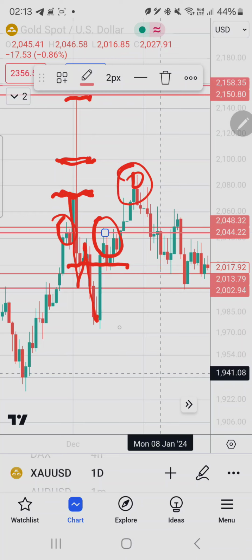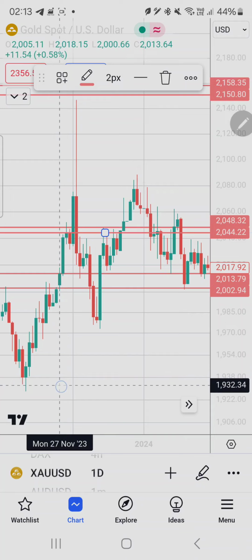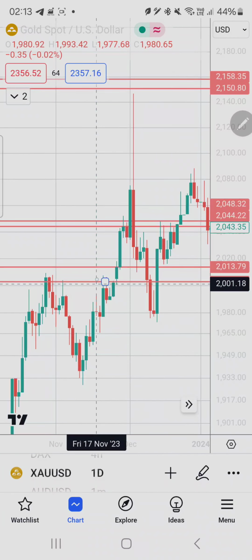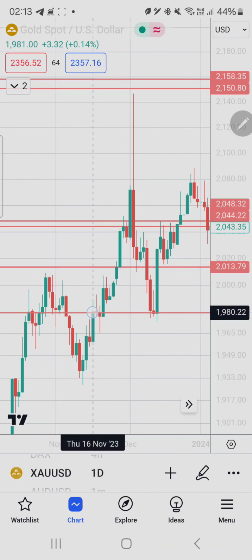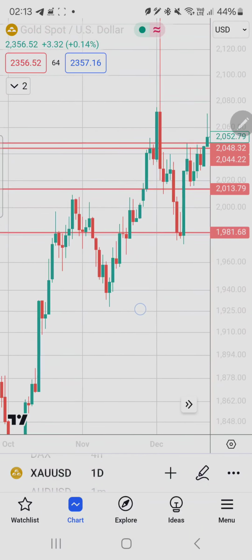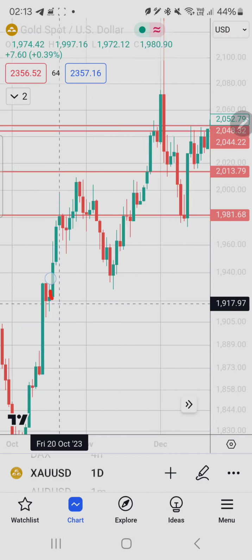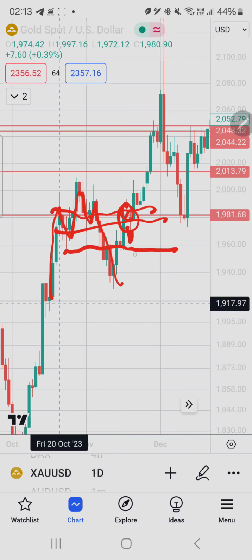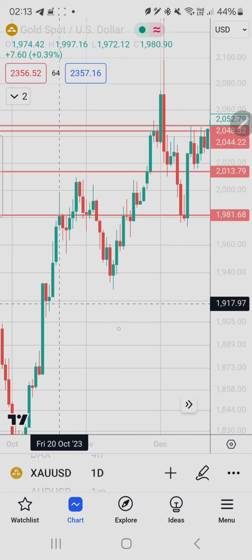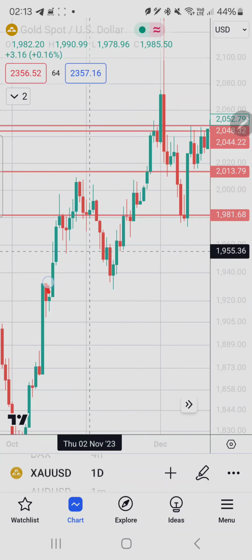Now that we have marked the support and resistances, we're going to look for more. You can see here, this was our pattern. The pattern failed here a little down. It was supposed to come down to this area. Let me draw it so that you can see it clearly.